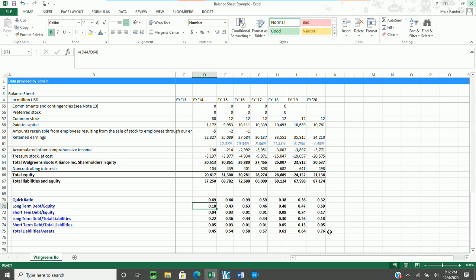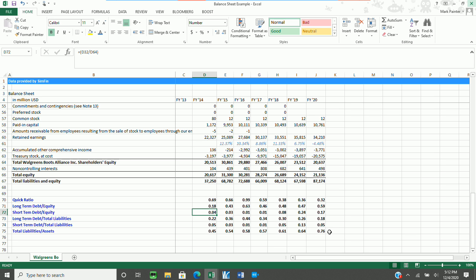Next, you want to look at long-term debt to equity to see how much of the capital structure is being used on debt. So very, very small in 2014, 0.63, that's the high with the debt issuance in 2016, and you can see it's around 50% and then spiked up again a little bit here in 2020.